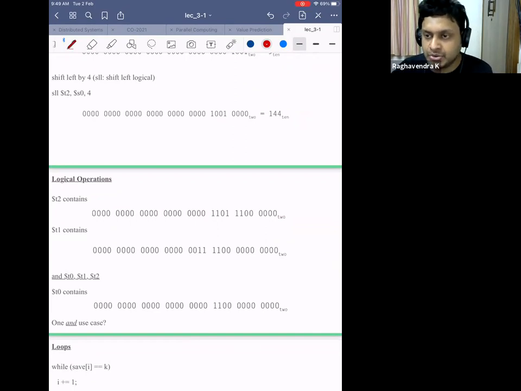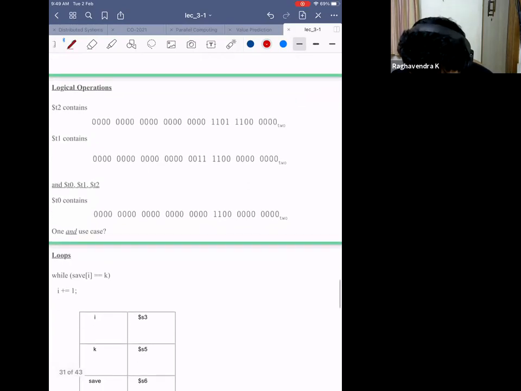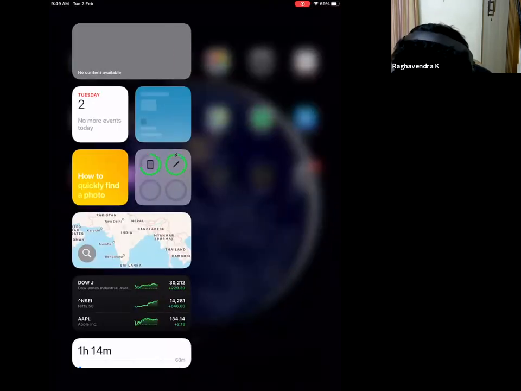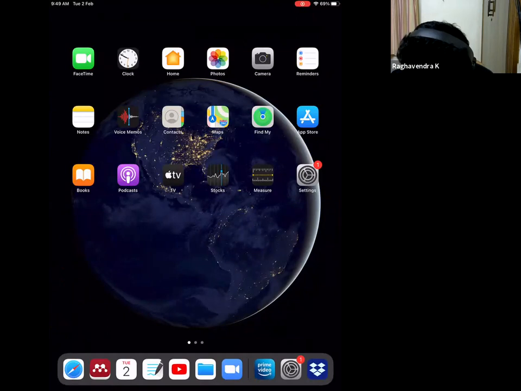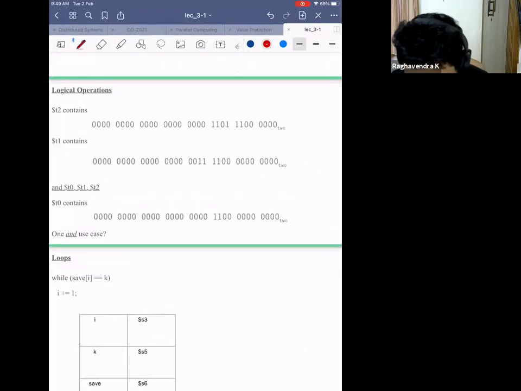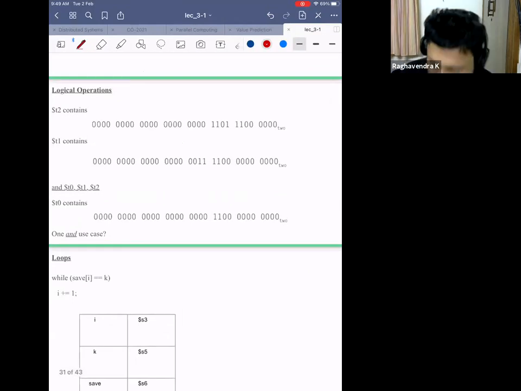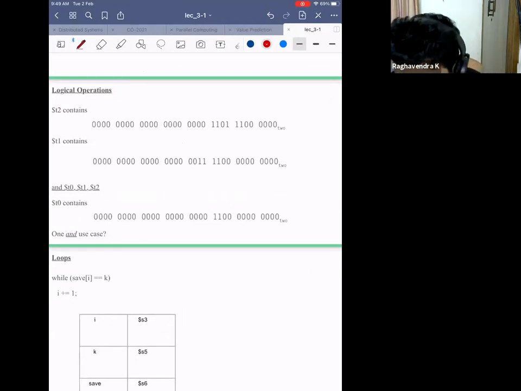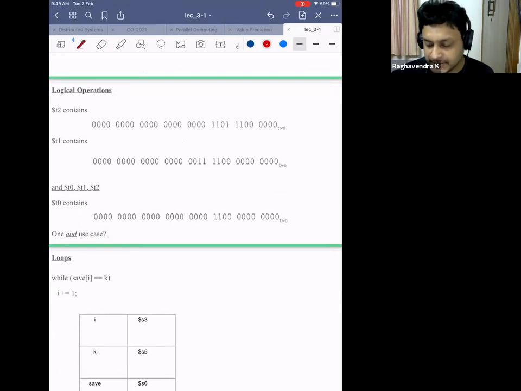Then I can just AND with 0xFF, which means that I am picking whatever was there in the last 2 bytes and copying it back here because I'm ANDing it with 1, and the others I'm keeping as 0.